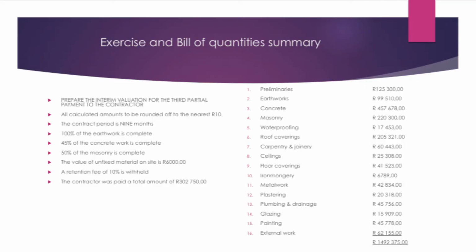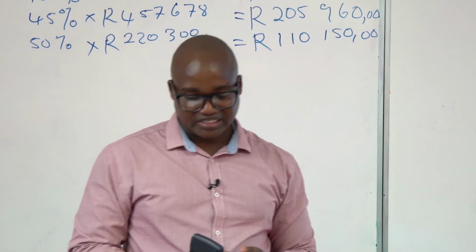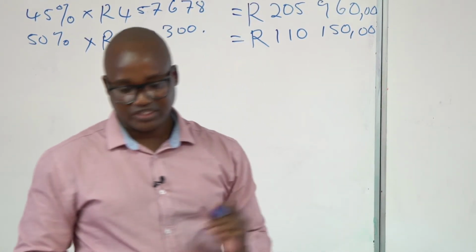Now we are moving forth. Moving forth, we have the value of unfixed material on site, which is an amount of 6,000 rand. So before we work out the unfixed material on site, we have to add the total amount that the builders have completed.